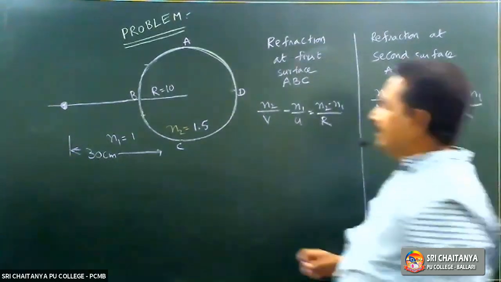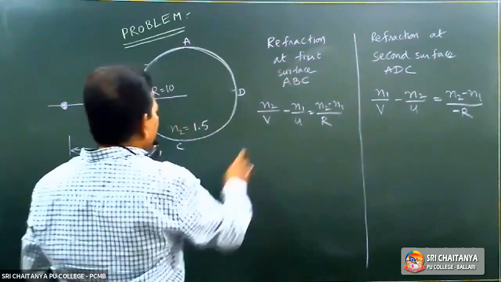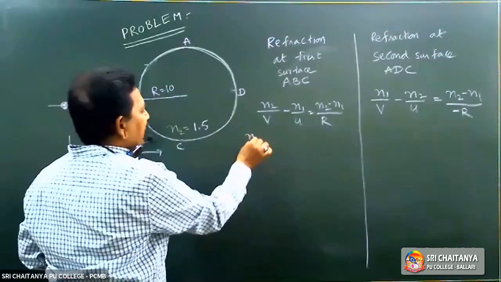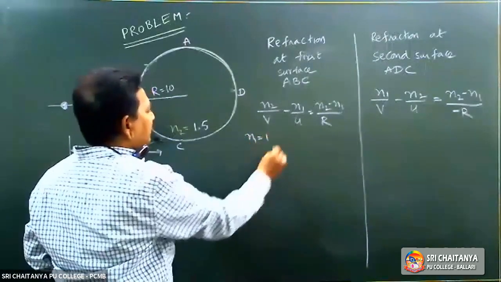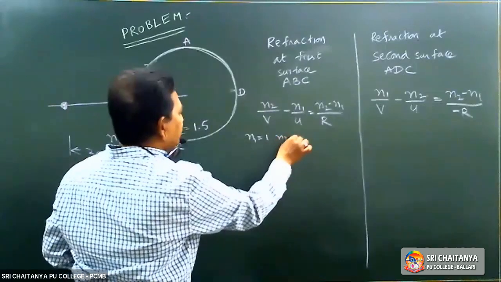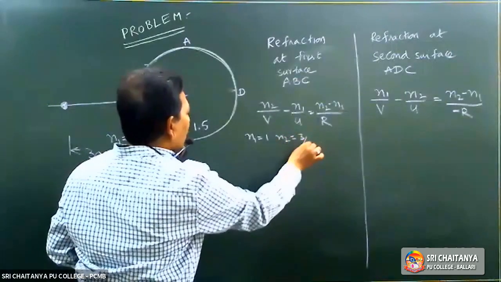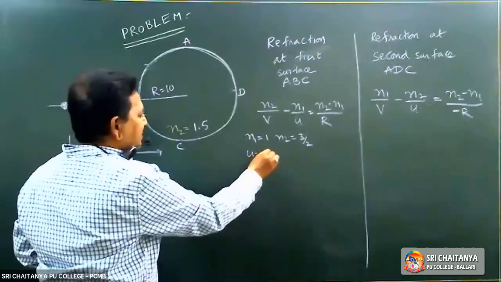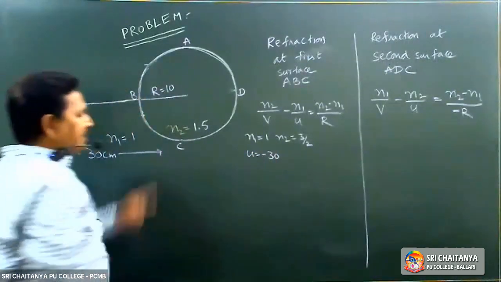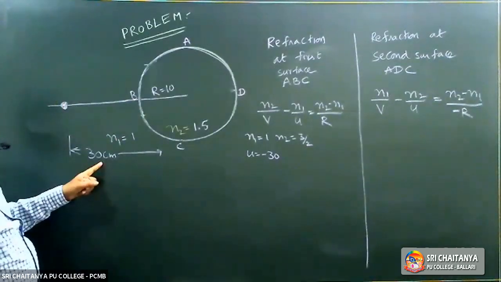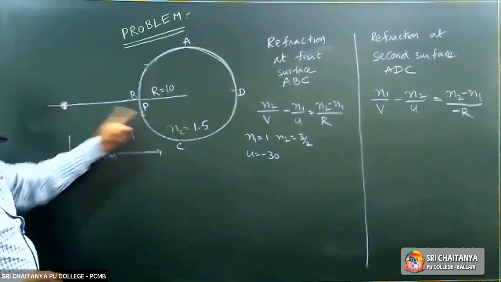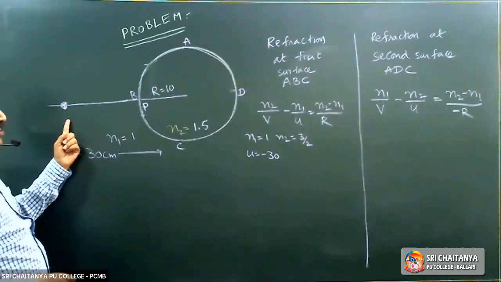Now what is the N1 value? N1 is equal to 1. N2 value is 3 by 2, that is 1.5. U value is minus 30 for the first surface, because this is the pole. Behind the pole, the distances are negative.